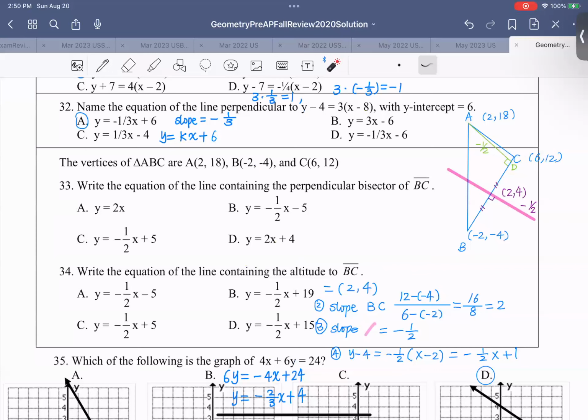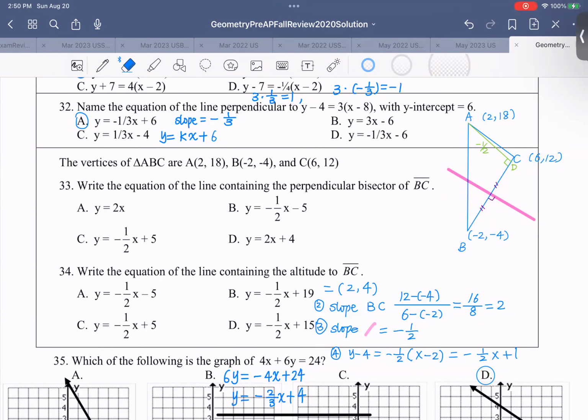It's also called a bisector as long as it passes the midpoint. But only if it is perpendicular do you get the perpendicular bisector. You only have one perpendicular bisector. So, Sophie, the line here, number 1, passes the midpoint, and number 2, is perpendicular to this. So far, so good?